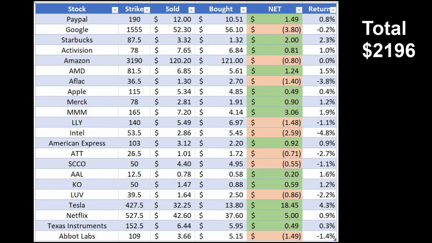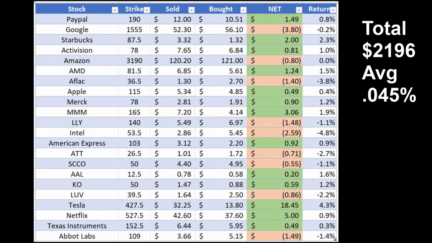So if we add up all the premium that I sold and the premium I lost, I would make $2,196 if I'd sold all these contracts, with 13 winners, 9 losers. And my average win was 0.045%.